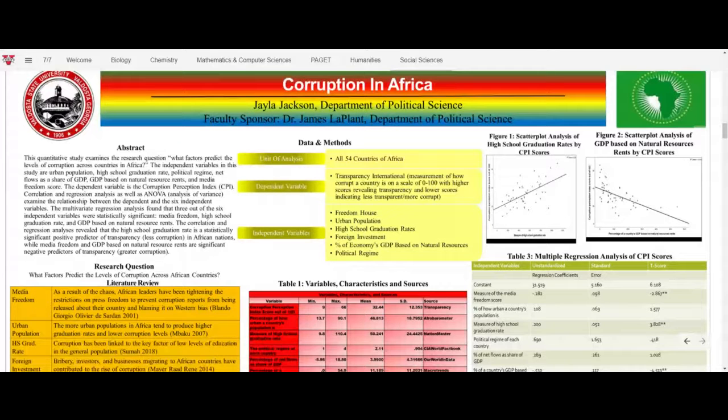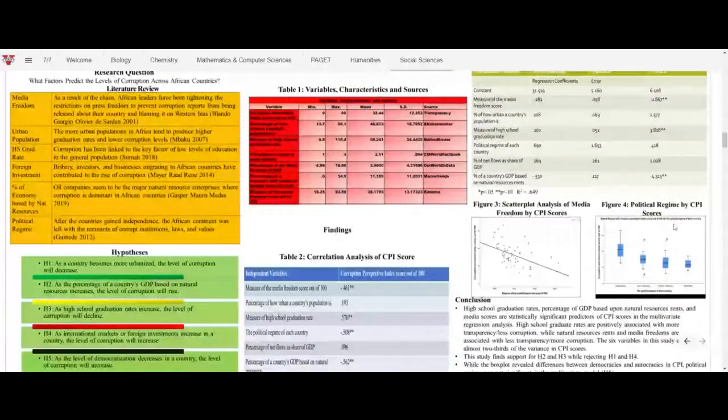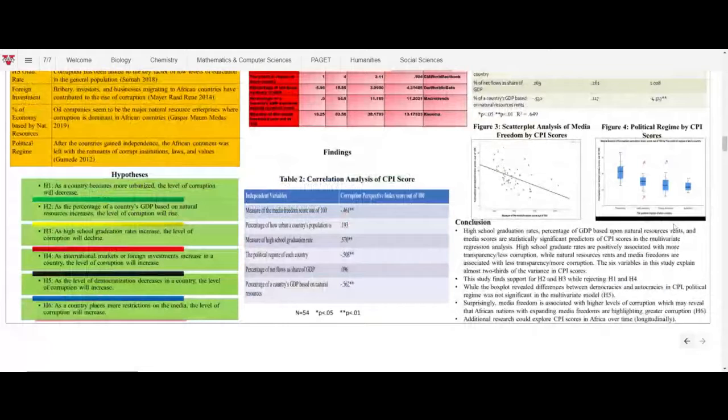I did a correlation and regression analysis to examine the relationships between the independent and dependent variables. Three of the six independent variables were statistically significant: the amount of media freedom allowed in the country, the high school graduation rate in the country, and the GDP based on natural resources.